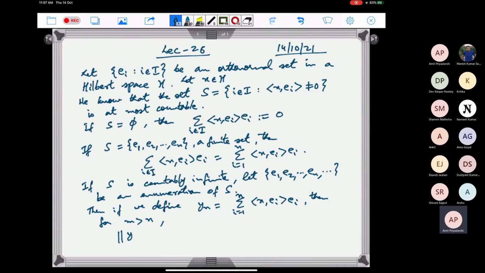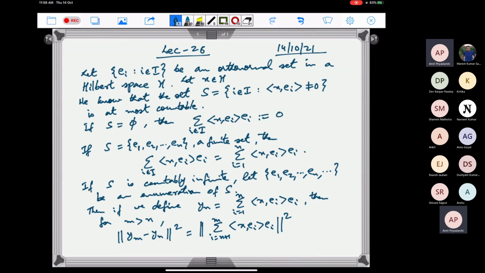This squared norm is the summation of i equal to n plus 1 to m of the norm squared of (x, e_i)e_i.